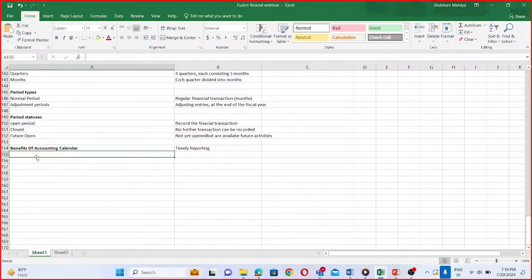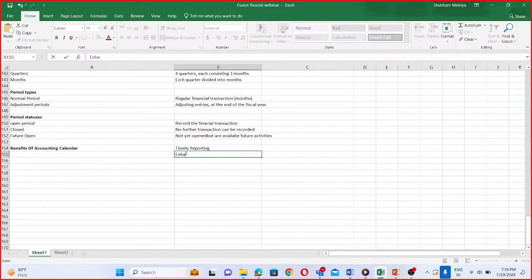Then it enhances control. How does it enhance control? It provides better control over financial processes by defining clear timelines and status for period.